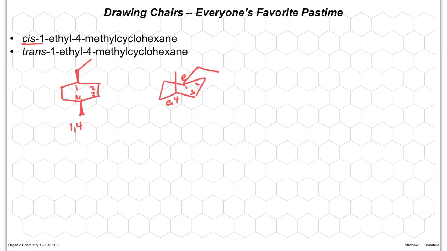And then when we flip it, we're going to end up with an axial, equatorial now. So that's another situation where there's not really going to be one conformer preferred over the other, because you have a mix of them.